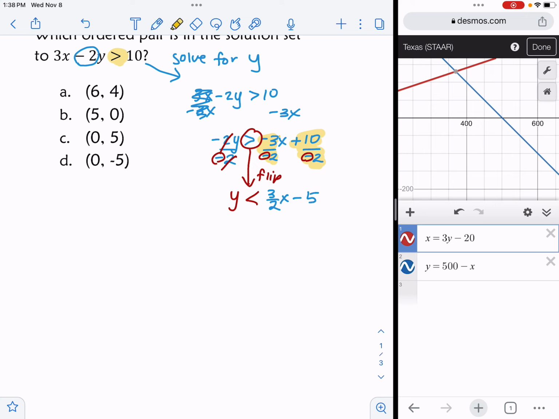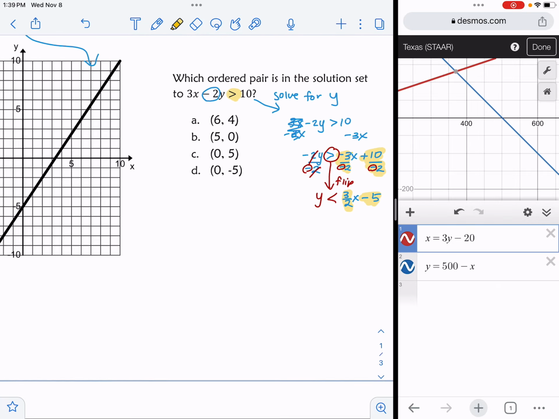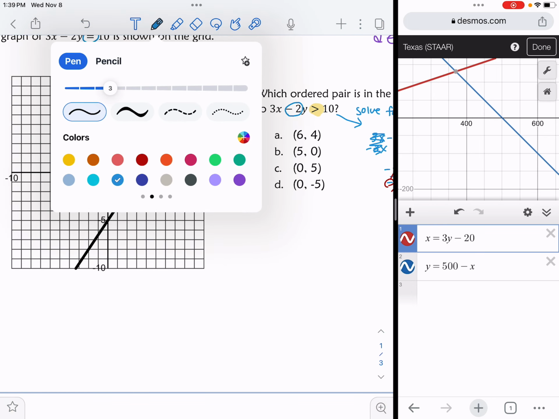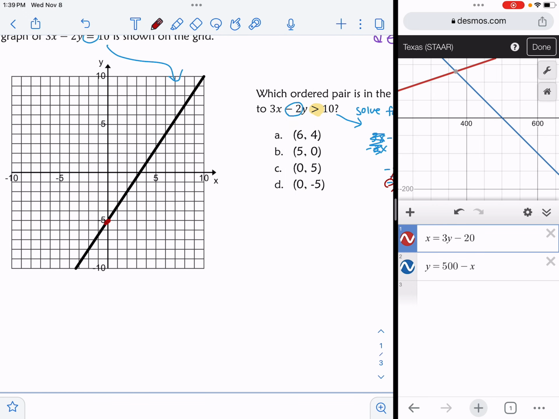The reason why we want to take our time and simplify this is because that 3/2 is your slope and -5 is your y-intercept, which is exactly what we have on our graph. They graphed the y-intercept at -5, and then they went up 3/2 to get the other points.